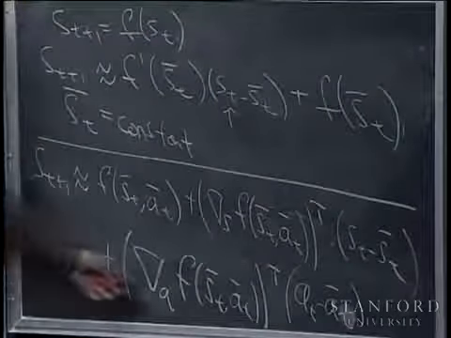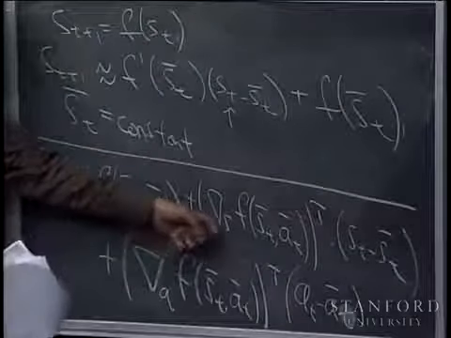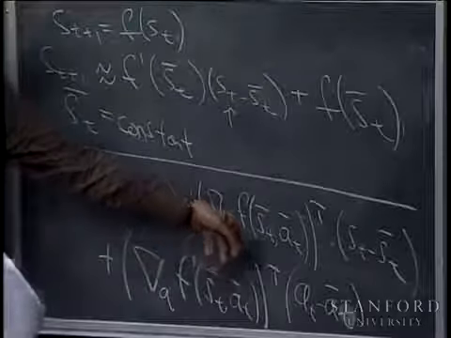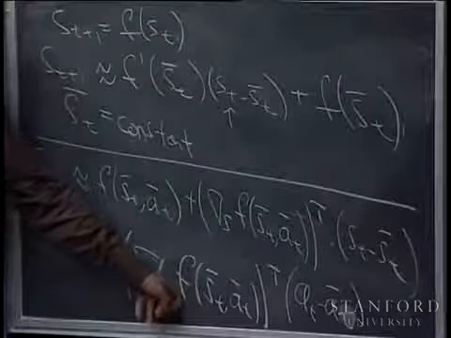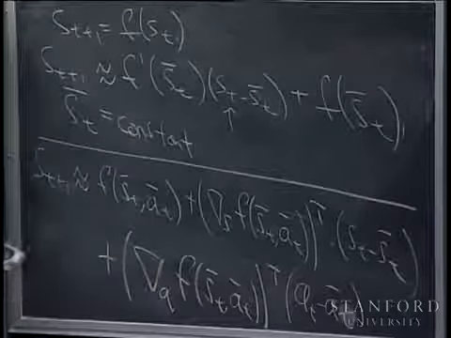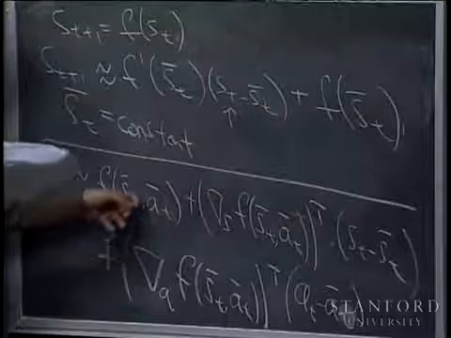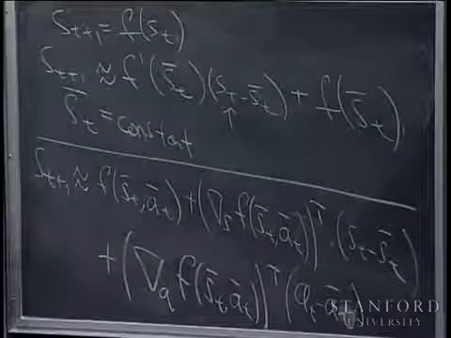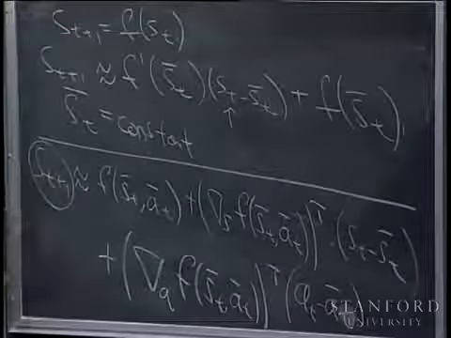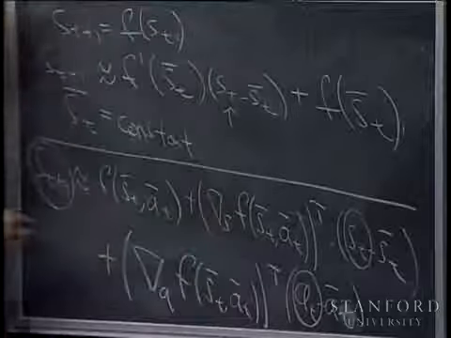Okay, where these upside down triangles are our usual symbol for taking the derivative of f with respect to the vector valued first argument or the vector valued second argument. And so by choosing an appropriate state s bar t, a bar t to linearize around, you've now expressed s t plus 1 as a linear function of the current state s t and the current action a t. Right?